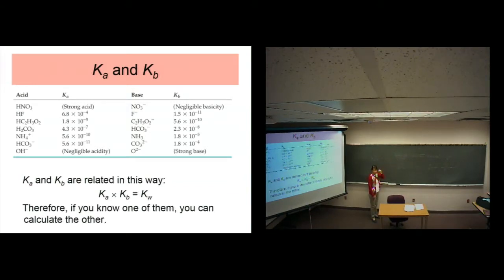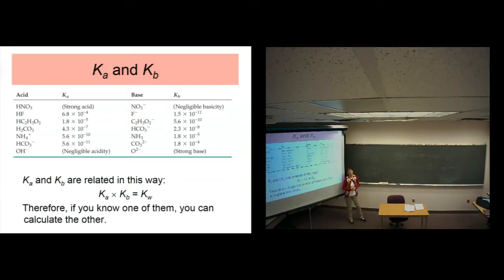Whenever you're working with an acid, you have to have the Ka. So you're going to have to pay very careful attention in the problem. Do you have the Ka when you need the acid? And do you have the Kb when you need the base? And if not, can you convert one to the other? Yeah, because you remember that constant Kw, right?